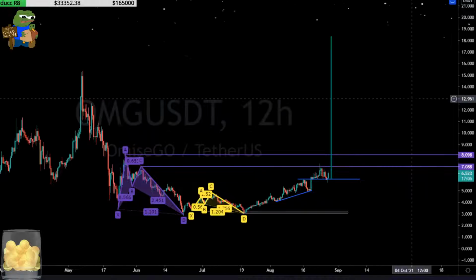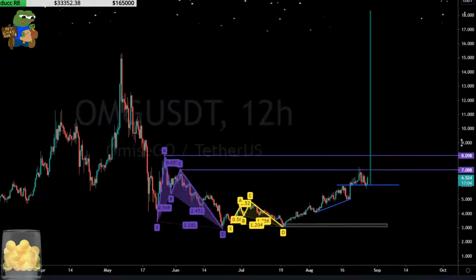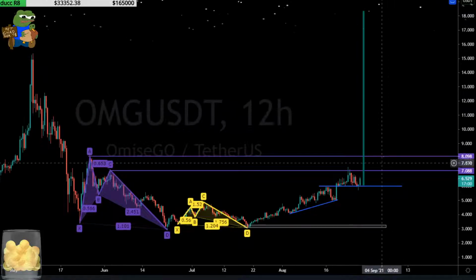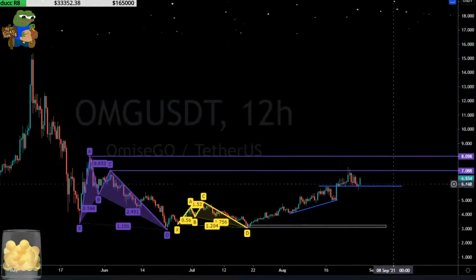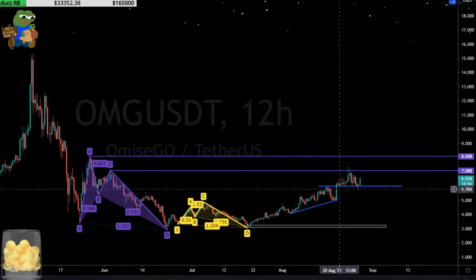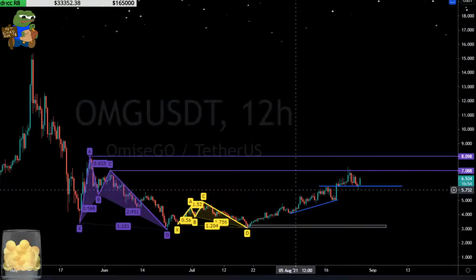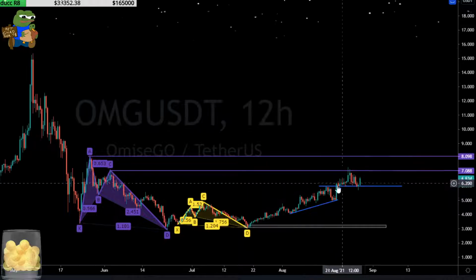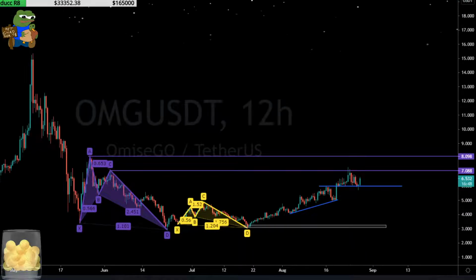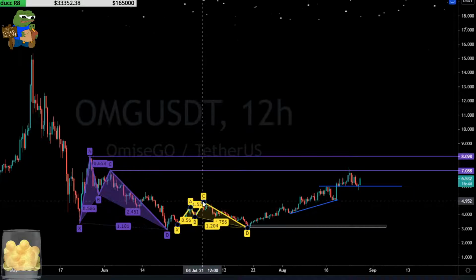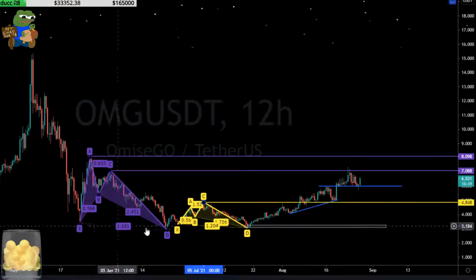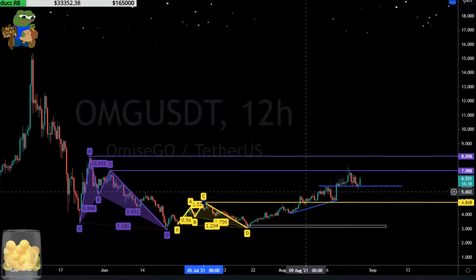OMG. The reason we're leaning so bullish here is basically that this is really a textbook support resistance flip, that we painted these 2 harmonics, right? So we hit the yellow lines first. We hit the yellow harmonics first. We knocked out those targets.